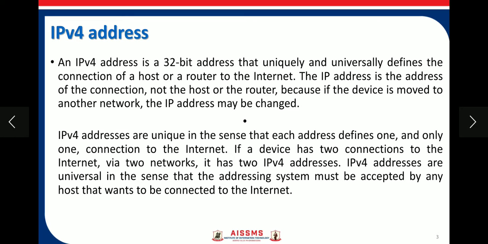IPv4 uses 32-bit addresses, which means that the address space is 2 raised to 32, or 4,294,967,296. That is more than 4 billion addresses. If there were no restrictions, more than 4 billion devices could be connected to the internet.